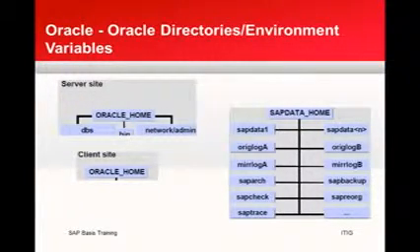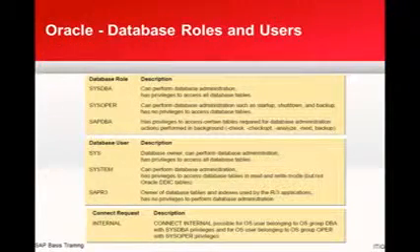The network admin folder is key because you have all your tnsnames.ora and listener.ora there. So the key files are in this particular ORACLE_HOME variable. Then you can see SAPDATA_HOME, where you have the rest of the key directory structures.